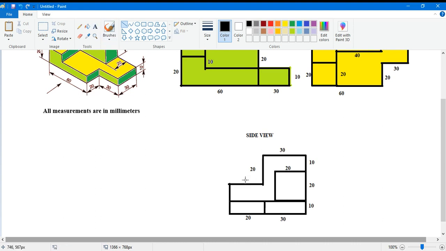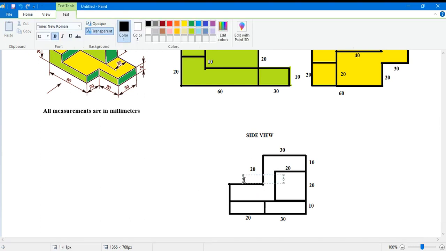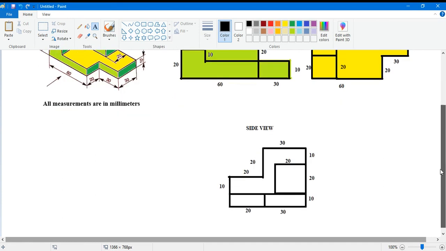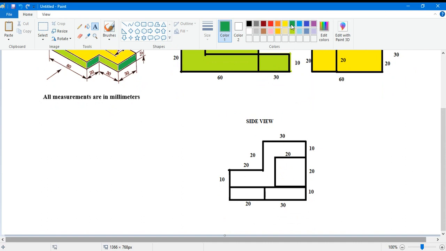So this is going to be 20. And this is going to be 10. So right there I have the measurement of my side view. Okay. So I have the measurement of my side view right there.